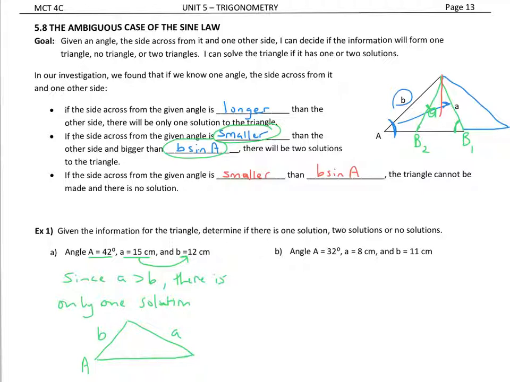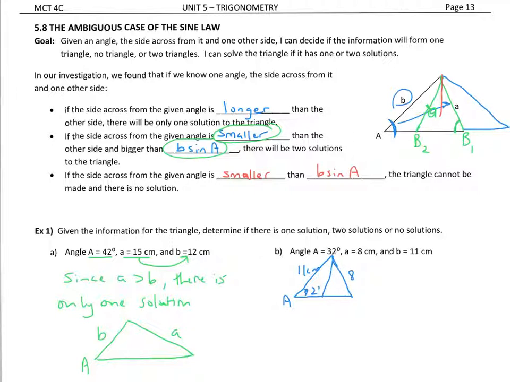Next situation: angle A is 32 degrees, side A is 8 centimeters, and side B is 11 centimeters. The side across from our given angle is shorter than that other side. So you could have potential for this happening or this happening. There's potential for two solutions, but we also have to check that it's actually long enough to make a side.